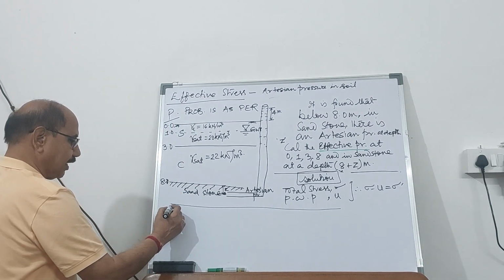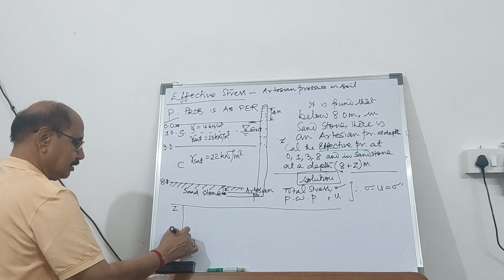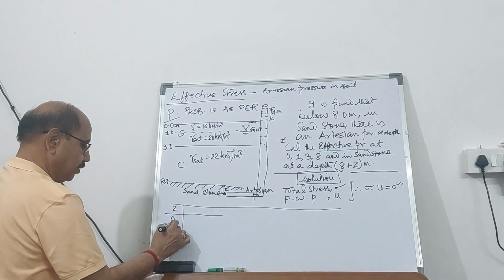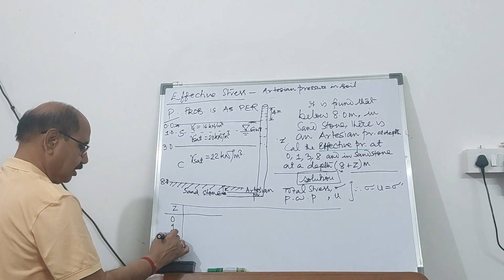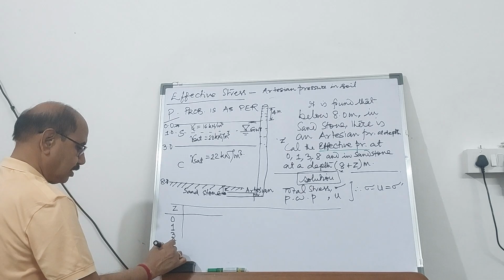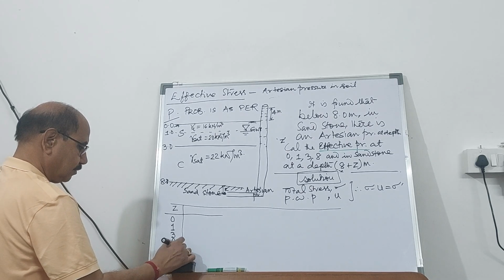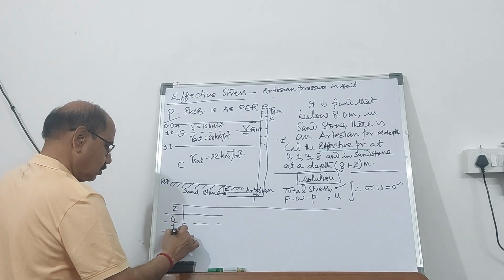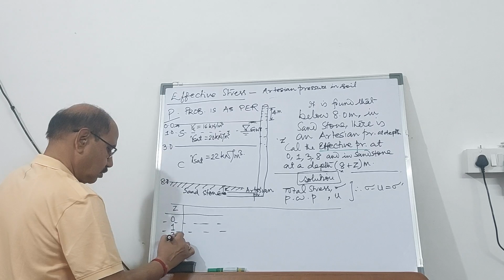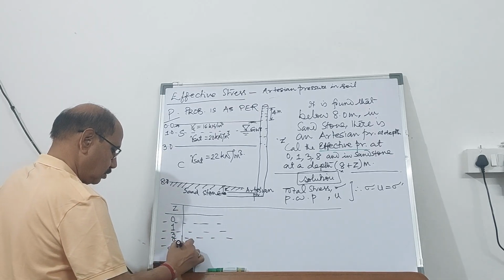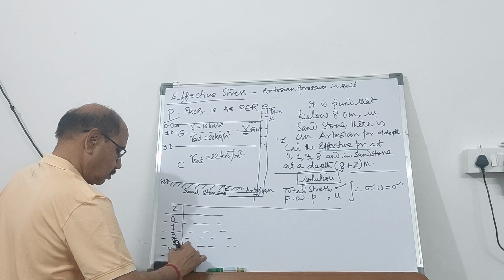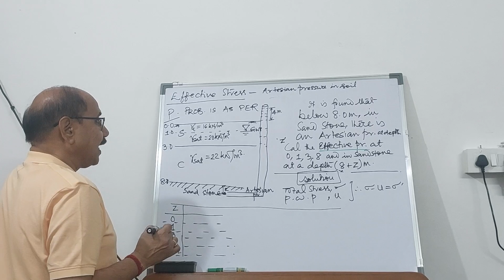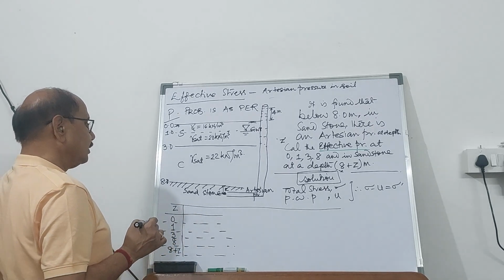We calculate at z equal to 0, then at 1 meter, 3 meters, 8 meters, and 8 plus z.